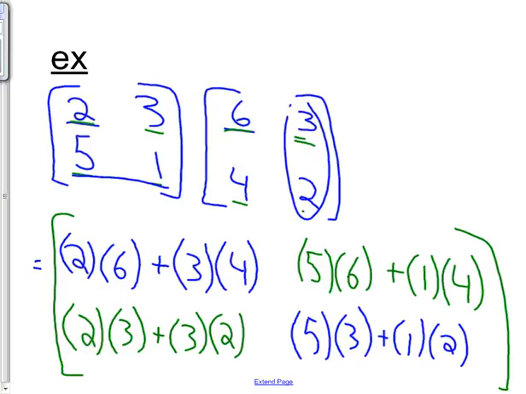Questions on how we do those? So here we take our first row and our first column and multiply them together. Second row, first column. Multiply it over here.